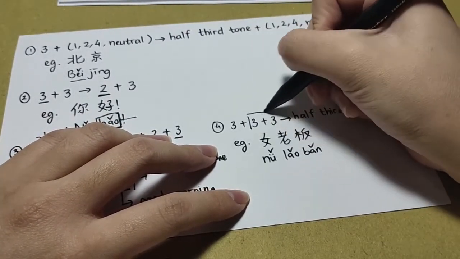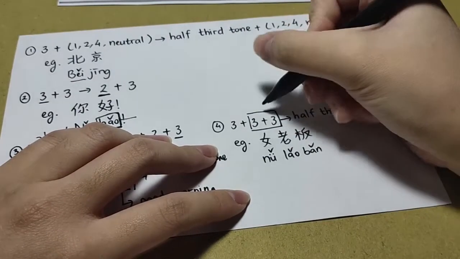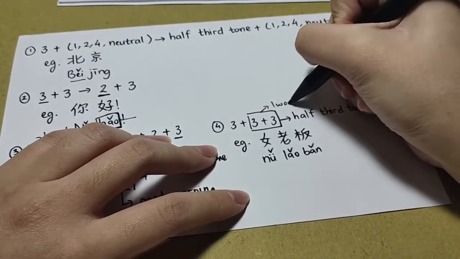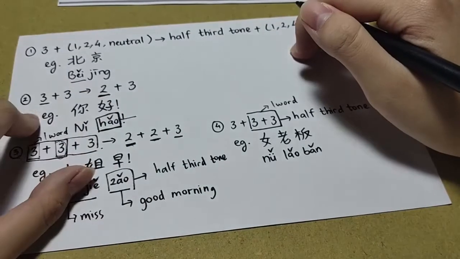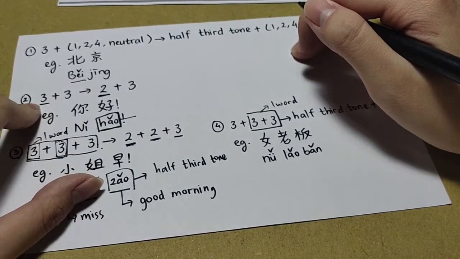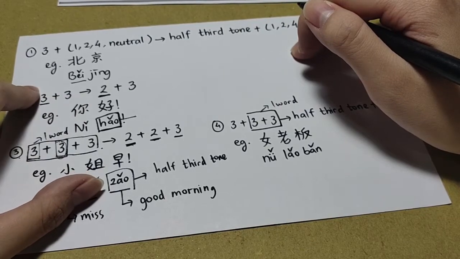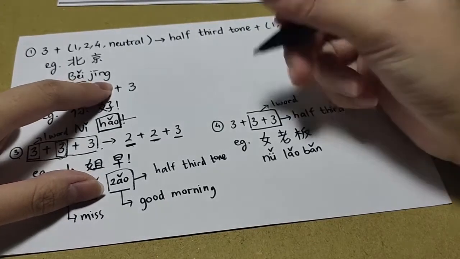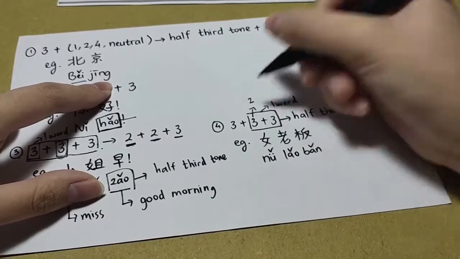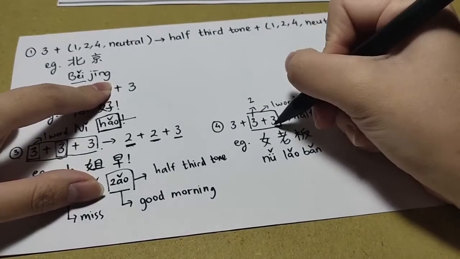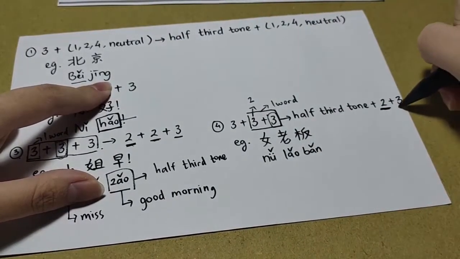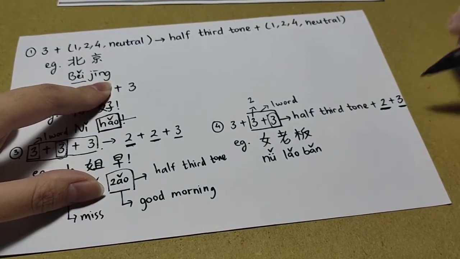And the last case is when third tone followed by third tone and then followed by another third tone, where the last two are making one word. So from the second case, we can see that when third tone followed by another third tone, the first third tone changes into the second tone, right? So this one changes into the second tone, and this one, it's still second tone, third tone.